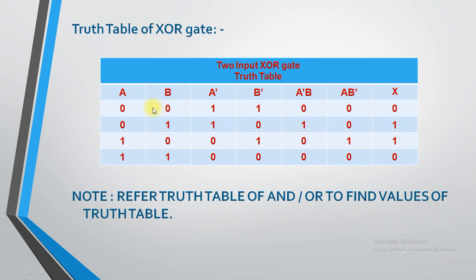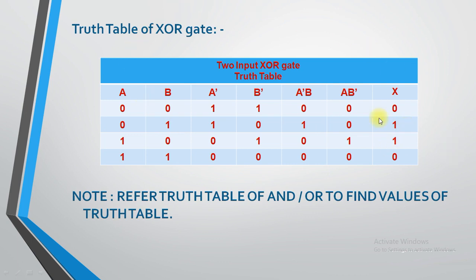So if both the input signals are similar, it will produce x equals 0. If any one of the input signals is 1, either A is 1 or B is 1, you will get x equals 1.